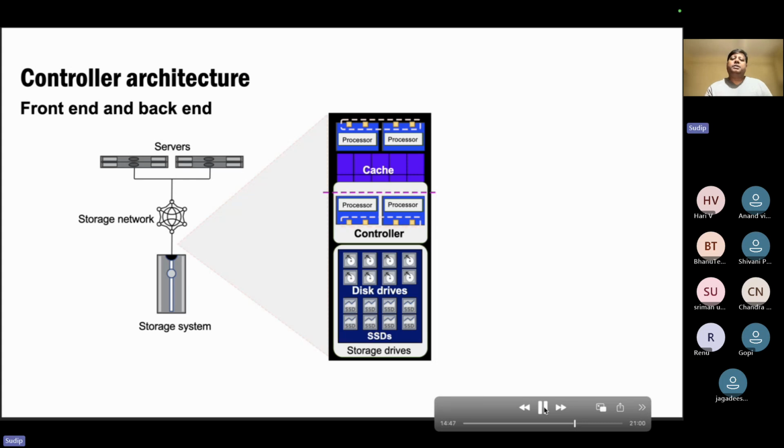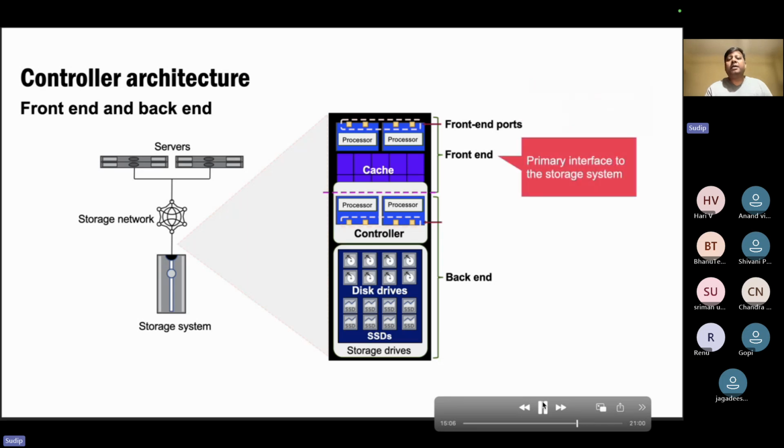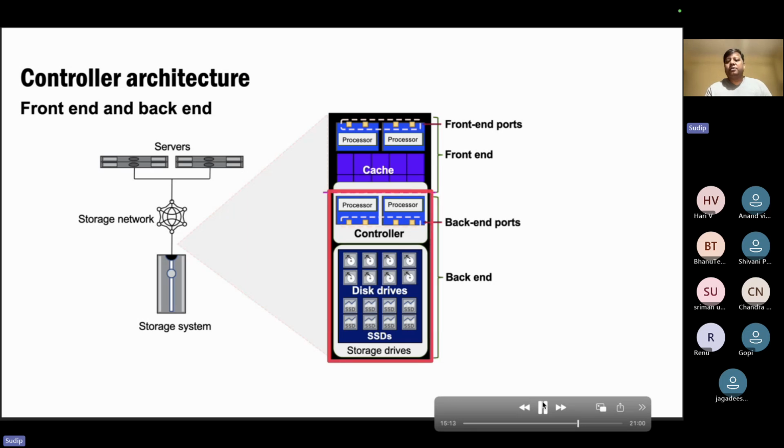Just a recap: a storage controller broadly has two components, front end and back end. Front end will have front end ports to connect to the network and the servers. It will have its own dedicated processors and its own temporary cache, which is nothing but RAM, volatile memory, where all the data that is being written and read is stored. Then we have the backend.